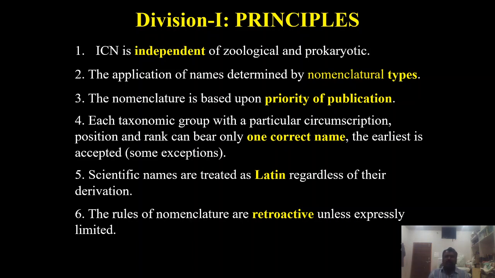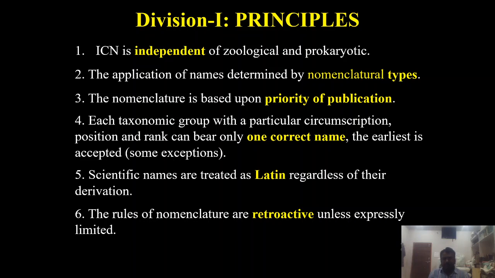The fourth is that any taxon, in any circumscription, position and rank, can bear only one correct name, of which the earliest is accepted, except in some exceptions. The fifth is that scientific names are treated as Latin regardless of their derivation.